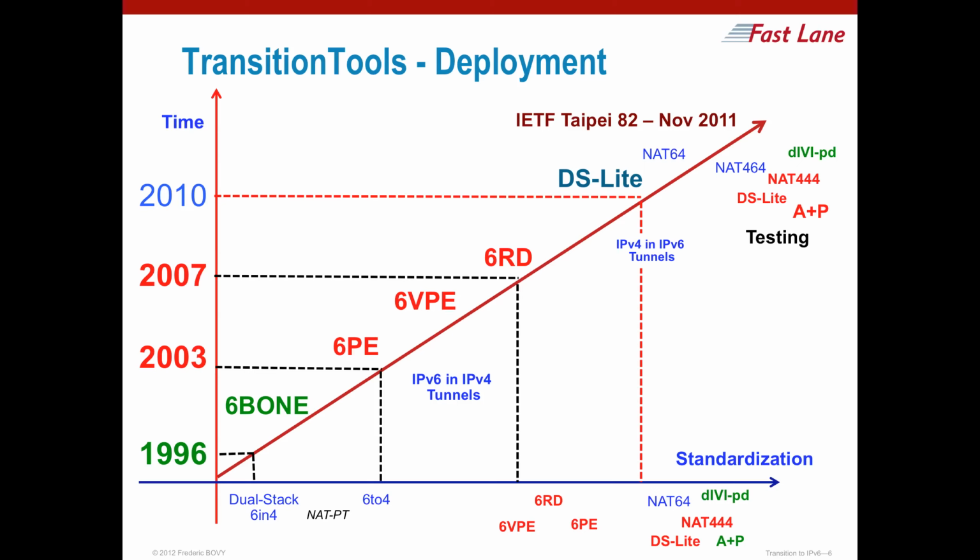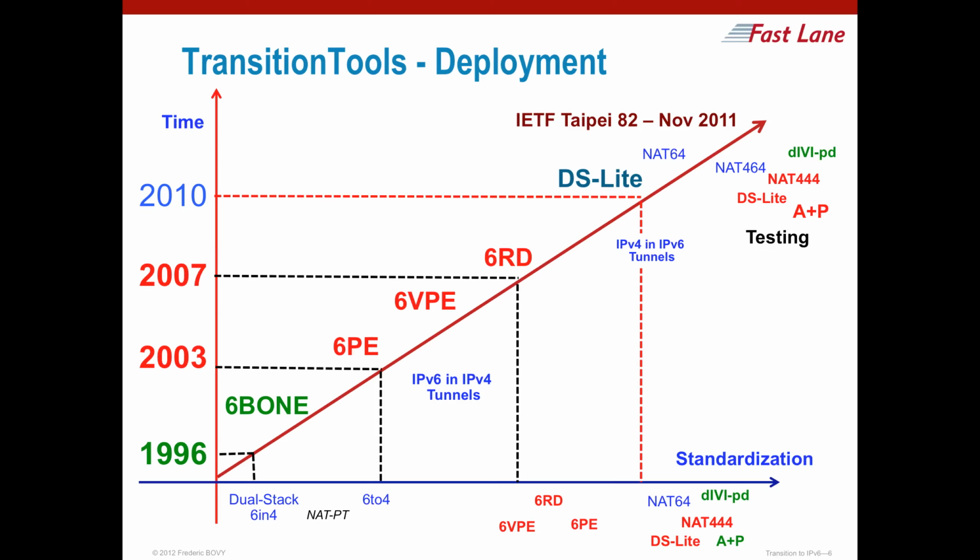So service providers started to develop IPv6 services with 6PE and 6VPE over MPLS backbones, and then later French service providers invented 6RD, which also permitted to deploy IPv6 service over an IPv4 backbone without MPLS.